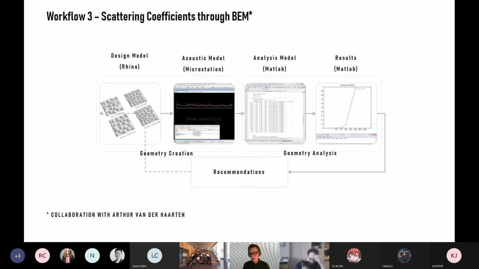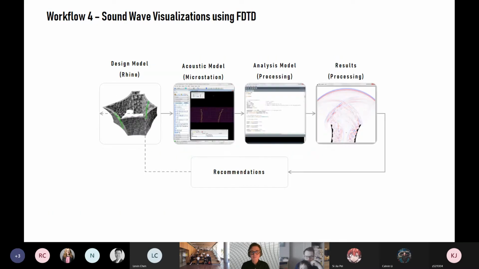And so we're able to get the scattering results virtually. And Pachyderm also does this now, as does some other software such as Reflex.